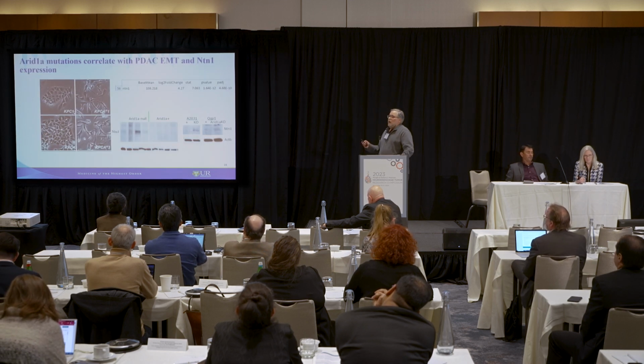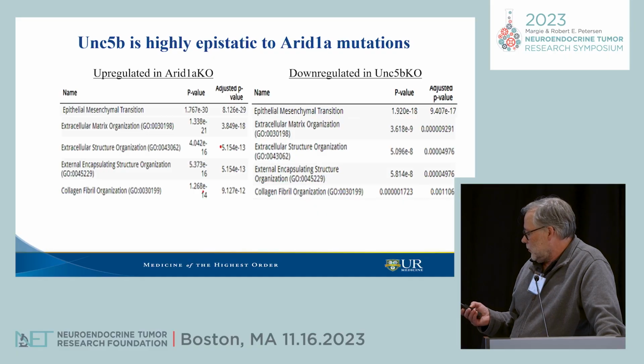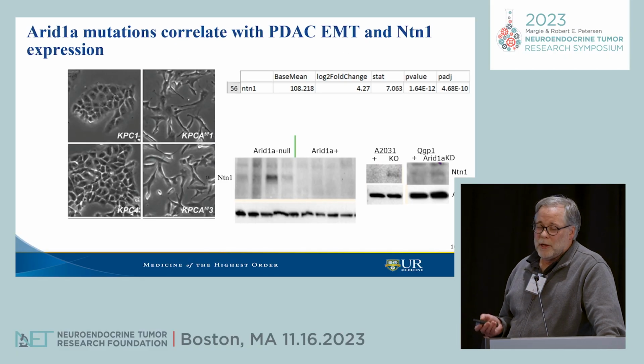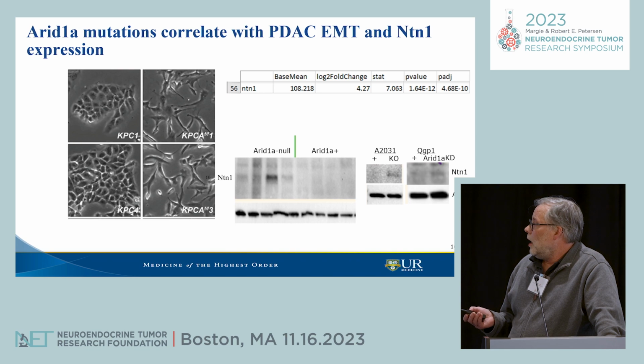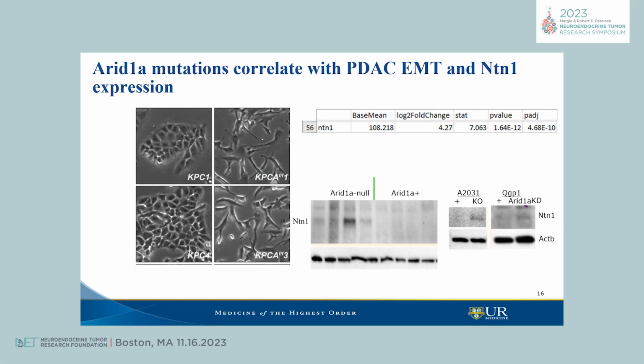So now I told you that netrin is shut down in normal cells, and we've been investigating what turns it on. And what we found is that ARID1A mutations, which are found in about 20% of all cancers, including like lung nets, will make pancreatic adenocarcinomas become very mesenchymal.